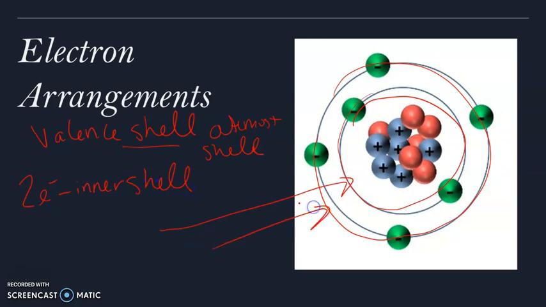Each shell that comes after that, I can fit 8 electrons in order to be full. Eventually there are just too many in too small of a space, and they start repelling each other, so there is a cap for how many electrons fit in each. So 2 on the inside, then I move out to the next shell and I can fit 8. If I fill that, I can put 8 more in the next shell.